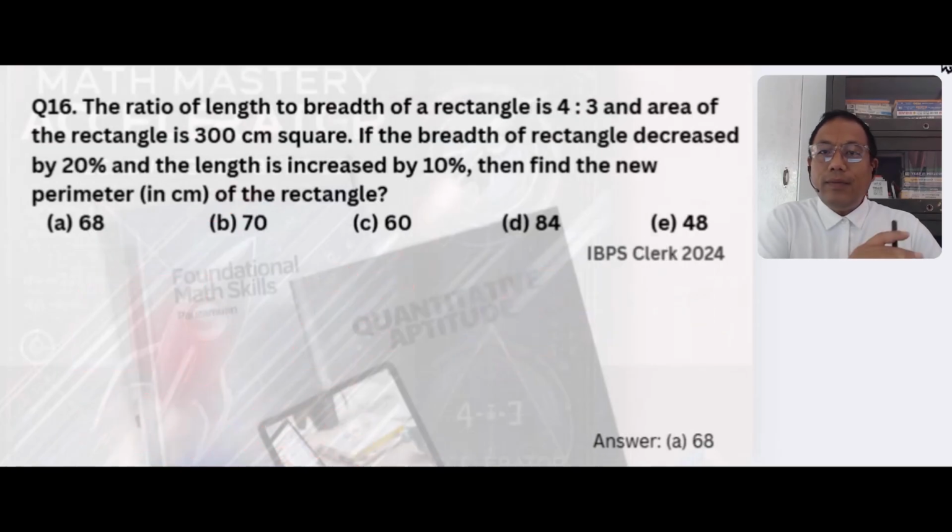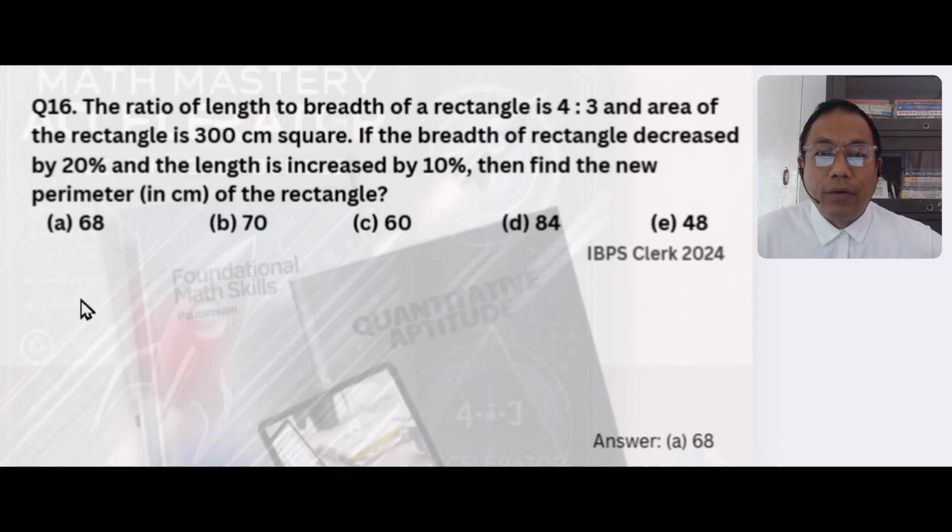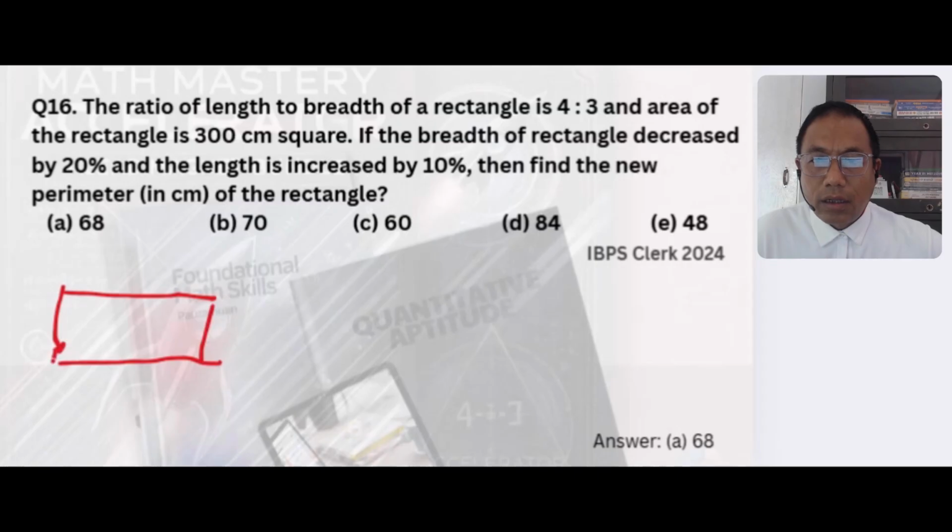Similar to this. The ratio of length to breadth of a rectangle is 4:3. Area of a rectangle is 300 centimeters square. Now, let's find the area one. I'll write breadth as 3x, length as 4x.